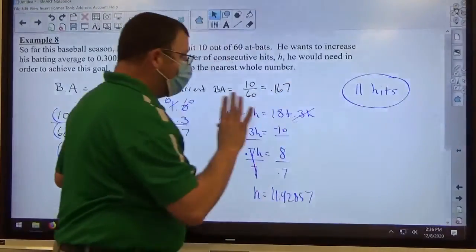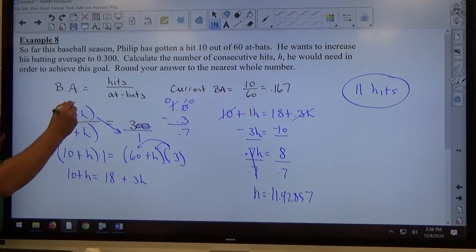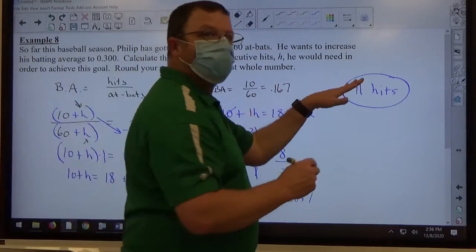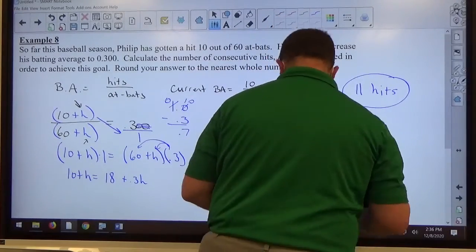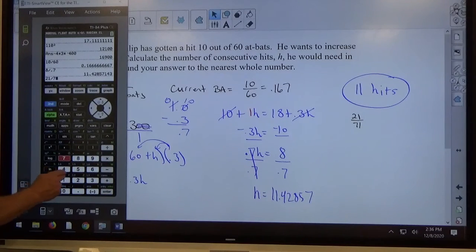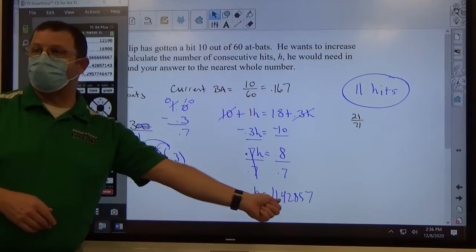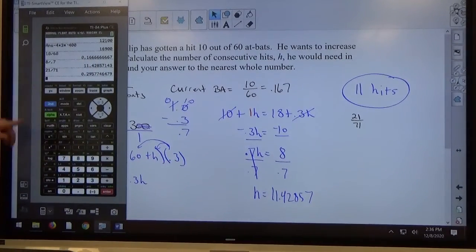Now, quick check. If H equals 11, notice he's going to have how many hits? 21. And how many at-bats? 71. So if he has 11 hits in a row, he's going to have 21 out of 71. If I type that in the calculator, 21 divided by 71, notice it's not quite 300, because he's got to get a little bit more than 11 hits to get 300. But 296 is much better than 167.